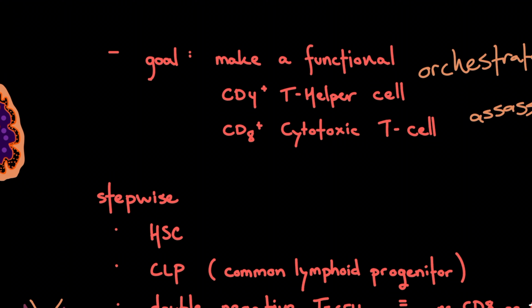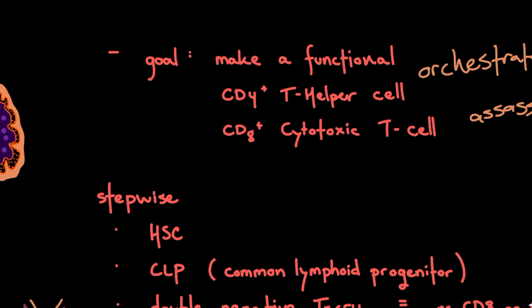I apologize in advance. These are certainly receptors that I cannot ignore. The CD4 receptor is what makes a T helper cell, and same for the CD8 receptor, making a cytotoxic T cell. So make sure you associate these receptors with their pair.